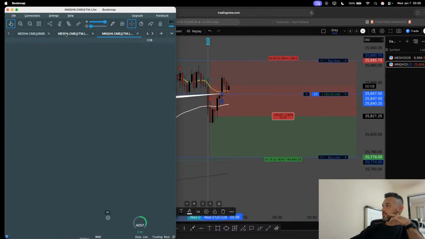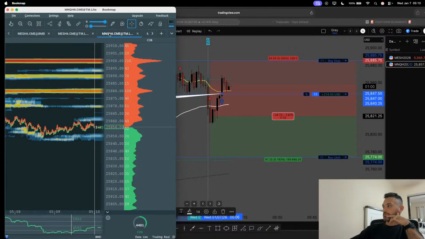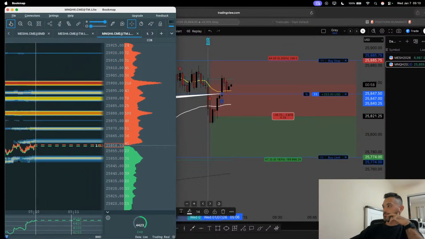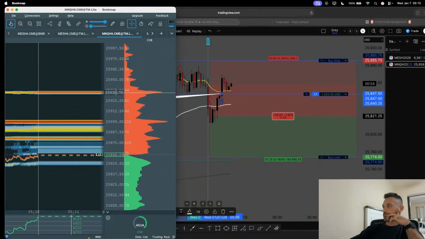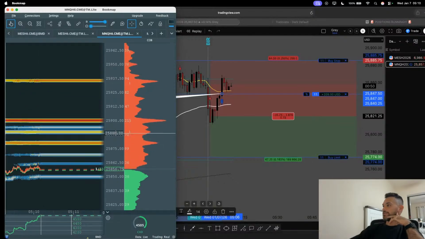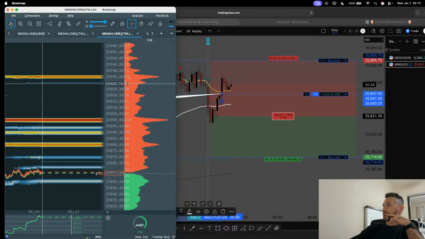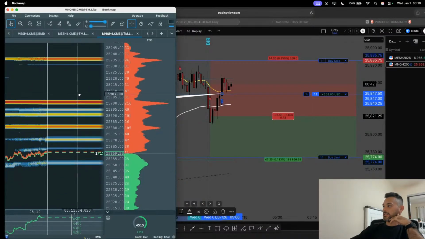Let's check out Bookmap. Yeah, I mean, you got plenty, or even all the way up to 937, but not too many. Major orders are just before 900.